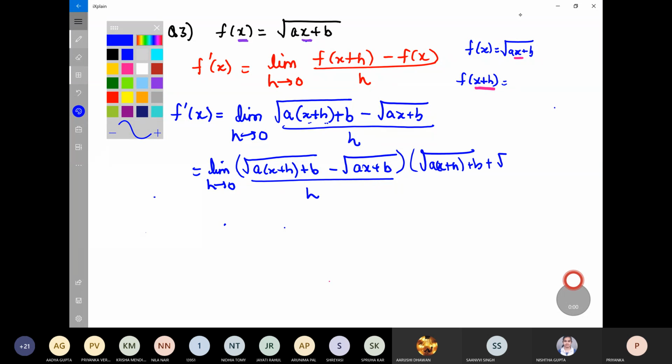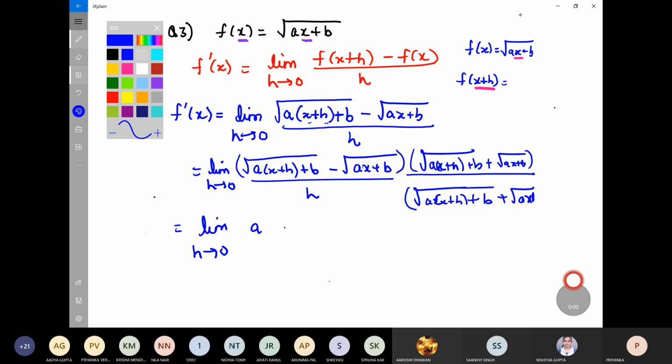करेक्ट, कर दो. ऑपोजिट साइन से मल्टीप्लाई एंड डिवाइड. So this becomes ax plus ah plus b. I have multiplied both of them.